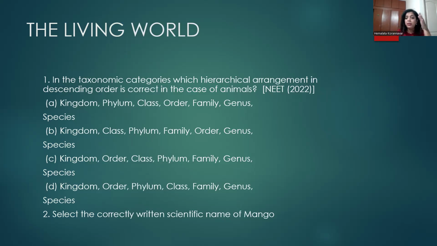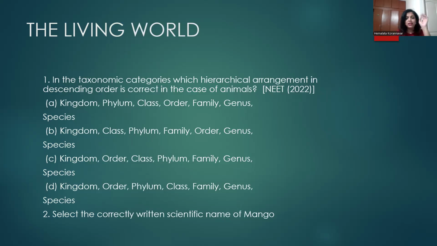Descending order means the upper one should be the higher rank, the lower should be the smaller rank. Kingdom comes the topmost. It's the widest, the biggest, and has all the different divisions and phyla. So first comes kingdom.